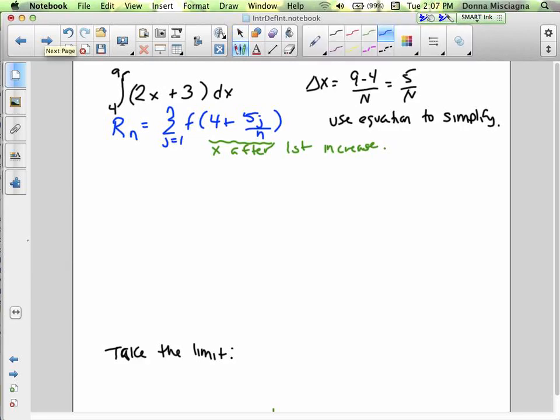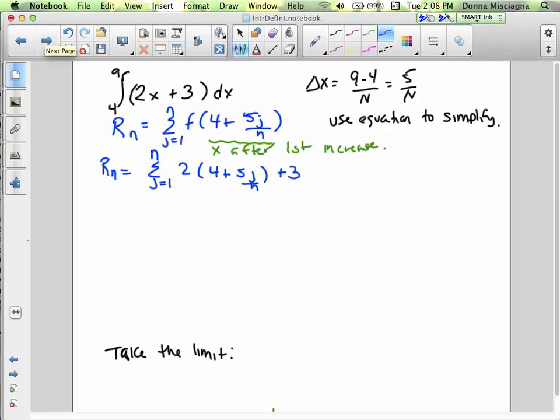All right, so now we need to plug that into our function, which is 2x plus 3. Right? So we have the sum, j equals 1 to n, and we have 2 times 4 plus 5j over n plus 3.